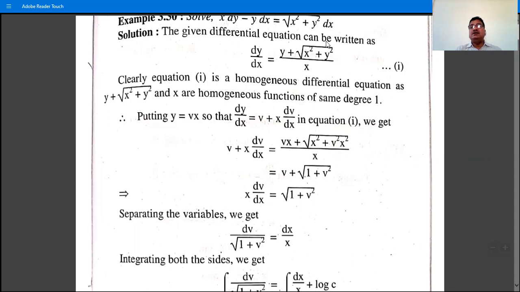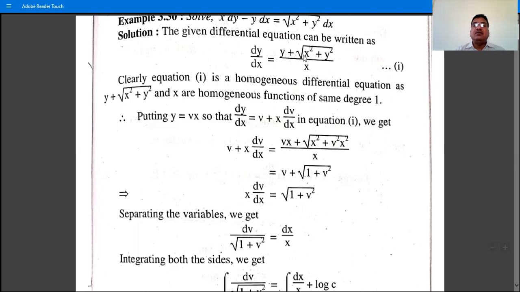How can we check this is a homogeneous function? By using the definition of a homogeneous function: if the function can be expressed in the form x raised to n into some function of y by x, then we say it is a homogeneous function. So if we take y as common, then we have 1 plus, taking x as common, y by x plus root of 1 plus y by x whole square.